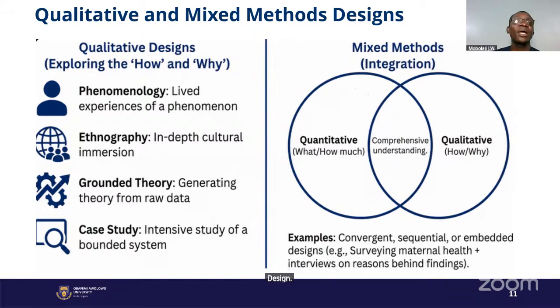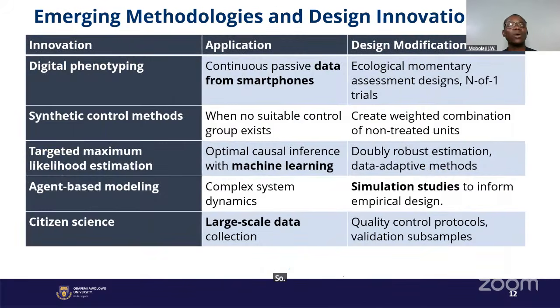So now there are quite a number of emerging methodologies that are coming up. They are innovative designs that are now being introduced in contemporary times. One of them is digital phenotyping. This involves continuous passive data from smartphones.